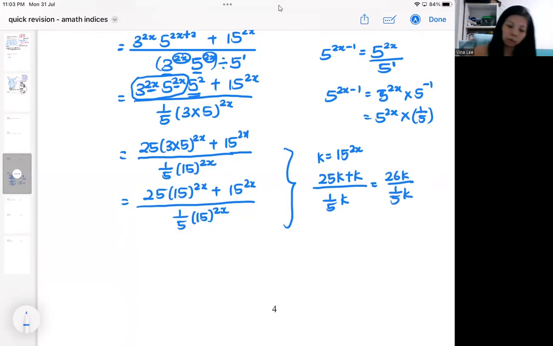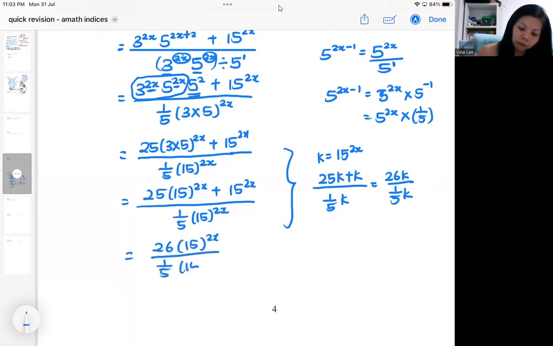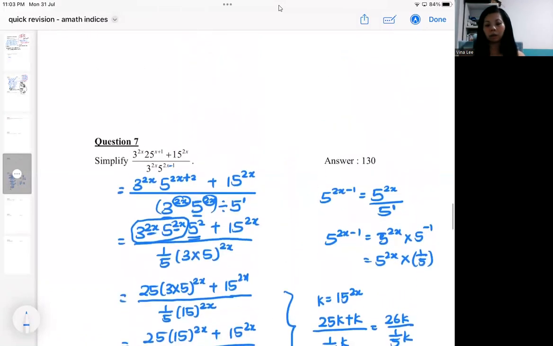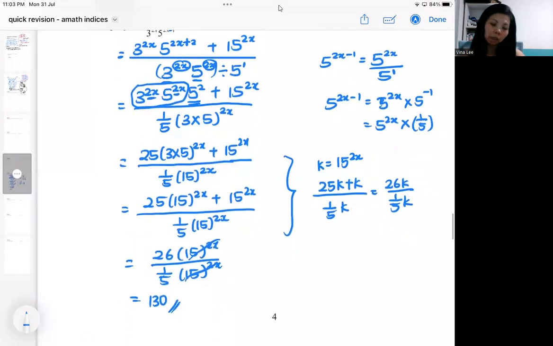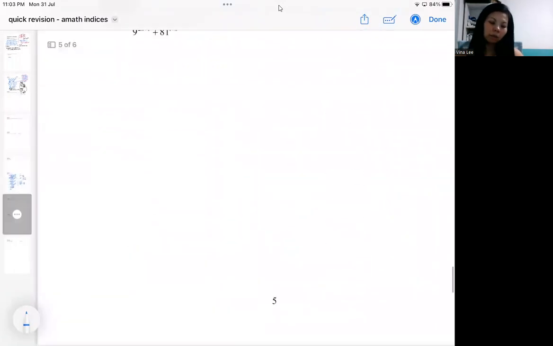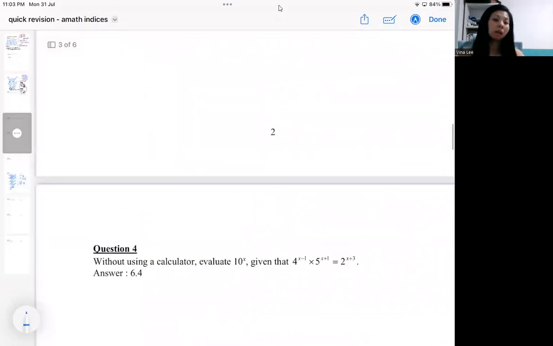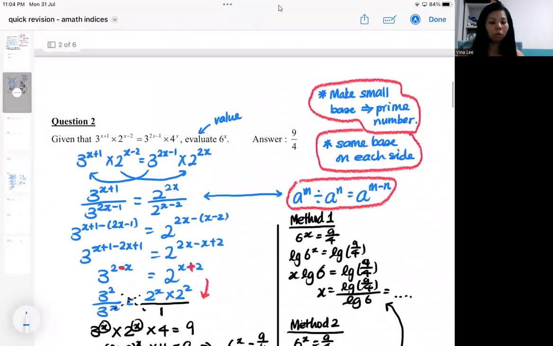If you think this way, you end up with 36 15 2x divided by 1/5 15 2x. And then you just punch the calculator. Sometimes substitution can help you to facilitate the working. There's quite a few of this category of question. These are the variety that's more A-Math indices than E-Math indices. So do go and try it out.